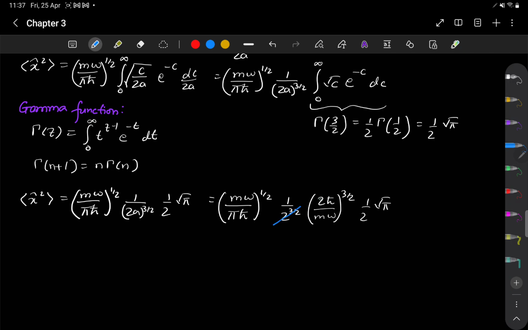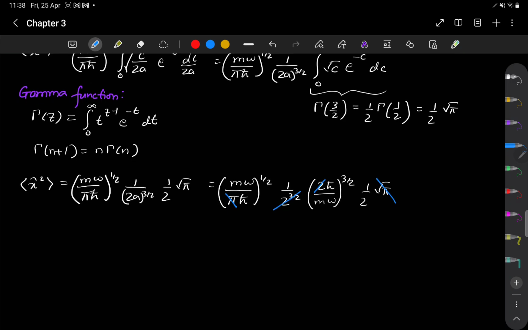So this 2 to the power 3/2 cancels with this 2 to the power 3/2. And what else? Root pi over here cancels out with the pi to the power half from here.